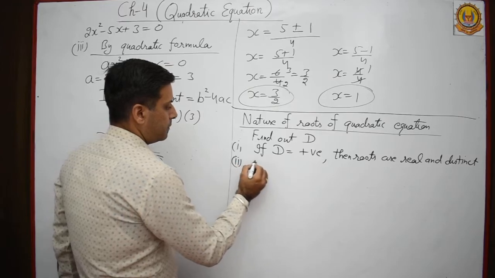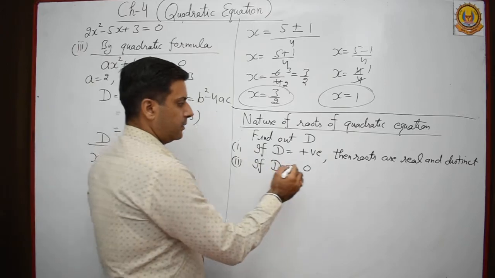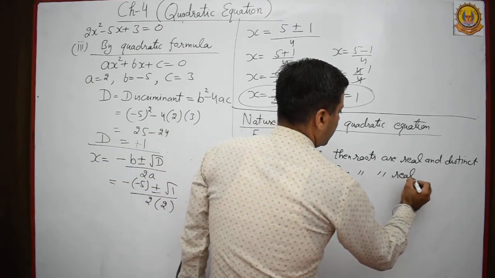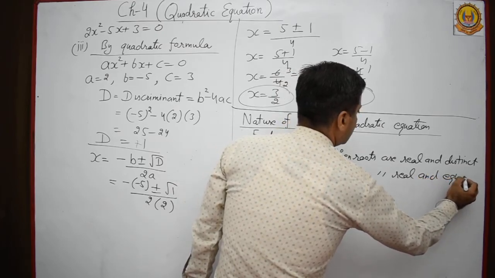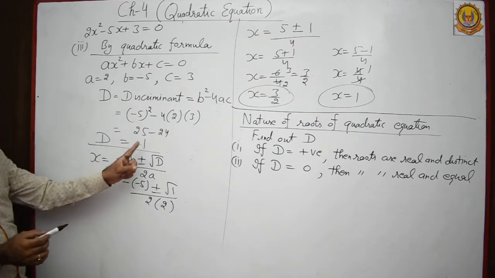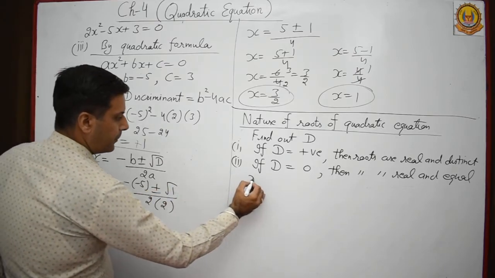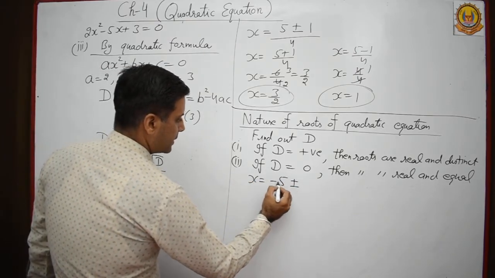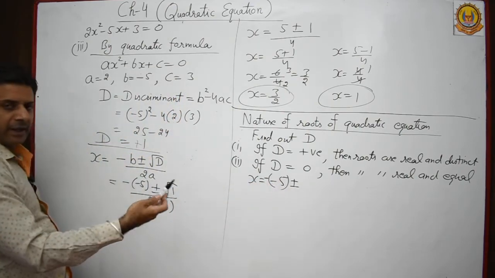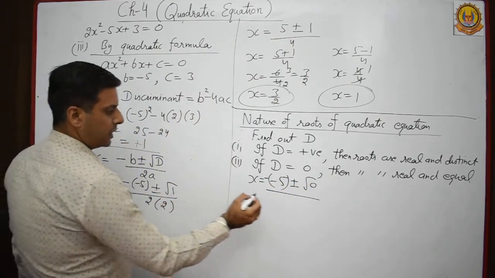If D is equal to 0, then the roots are real and equal. Suppose in this question D is equal to 0. So whatever I will get, minus minus plus 5 plus minus, here I am taking an example where D equal to 0, then 2 into 2, that is 4.